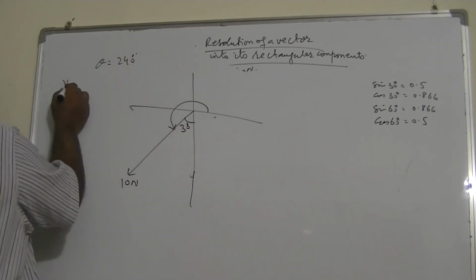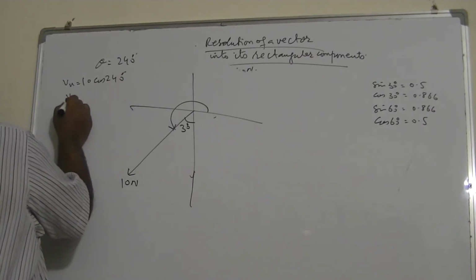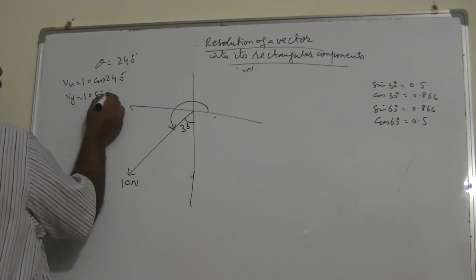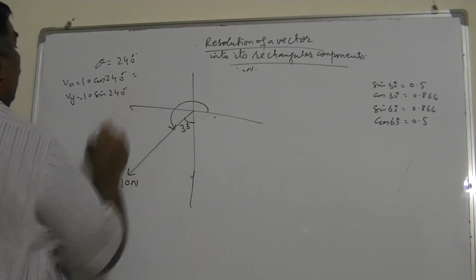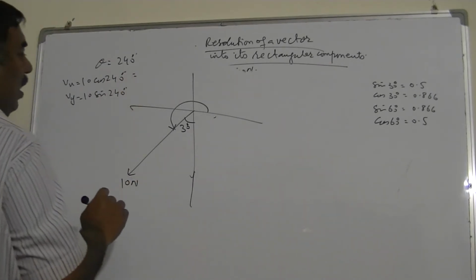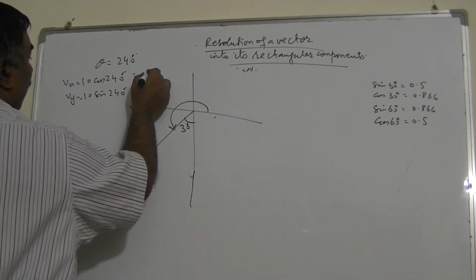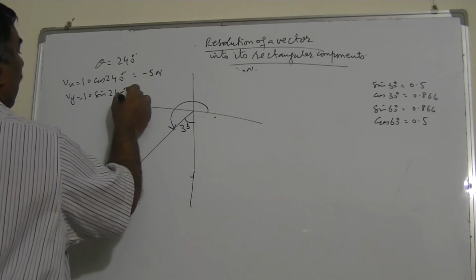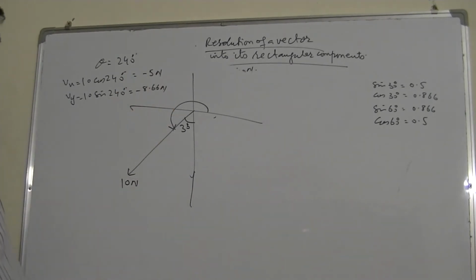So you can find Vx is 10 cos 240 and Vy is 10 sin 240. If you calculate this directly, 10 cos 240 gives you minus 5 Newton, and 10 sin 240 gives you minus 8.66 Newton; the positive or negative sign comes automatically.